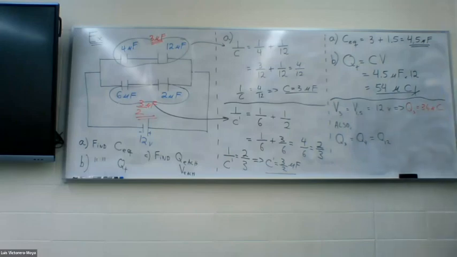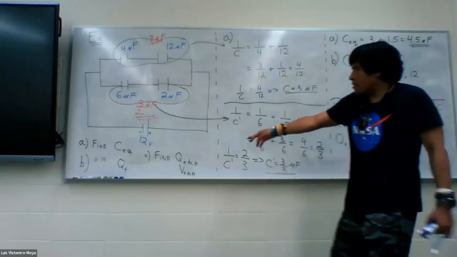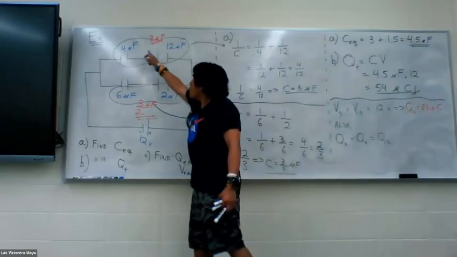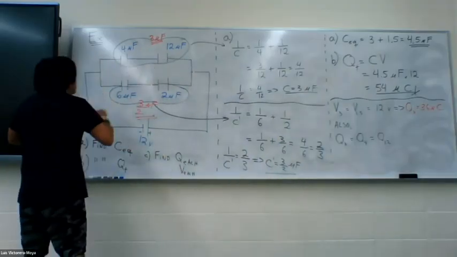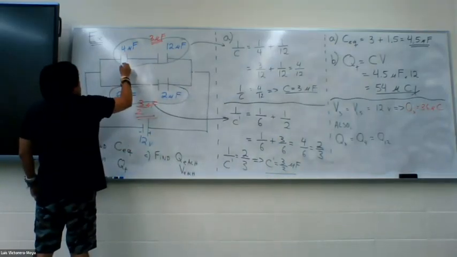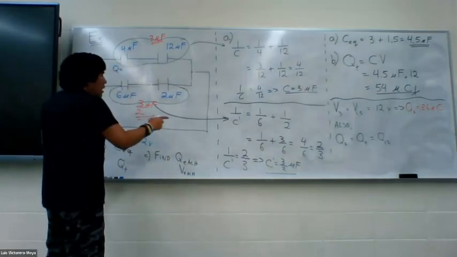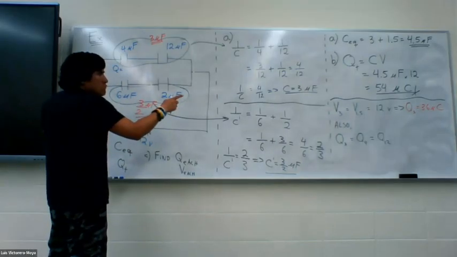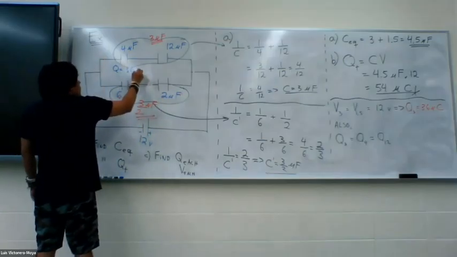Perfect. That means I have the charge on 4 and the charge on 12. So you may want to go back to the diagram and write that the charge here is 36 microcoulombs.